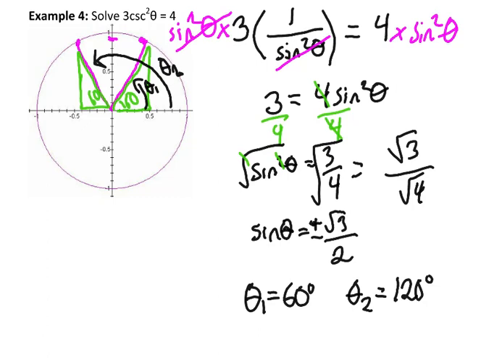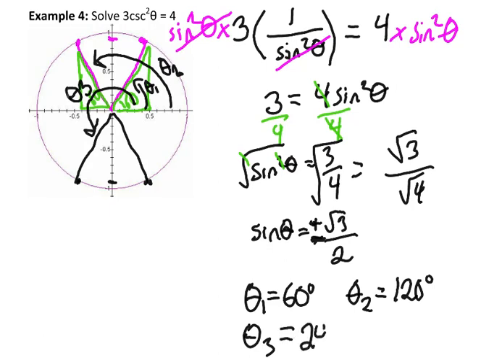That's not all though, right? Because we have to do now the negative root 3 over 2. So that's going to be down here. These 2 points here will be when the y value is equal to negative root 3 over 2. So that's these angles here. The next one I'll do is theta 3. That's this one here. So theta 3 is going to be 60 degrees further than 180.